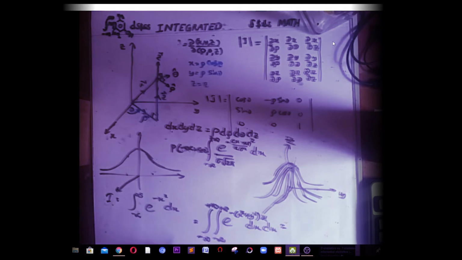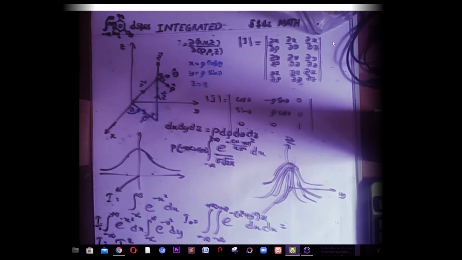I have no space, so I start it here. It can be written as the integral from minus infinity to plus infinity of e to the power minus x squared dx, times the integral from minus infinity to plus infinity of e to the power minus y squared dy. You would see what happens. If we call this I naught, then I naught is equal to I squared.